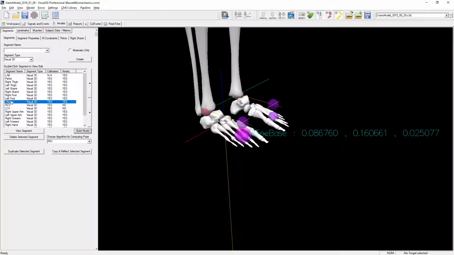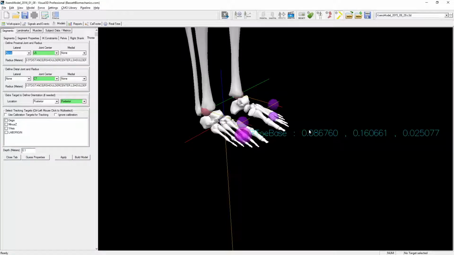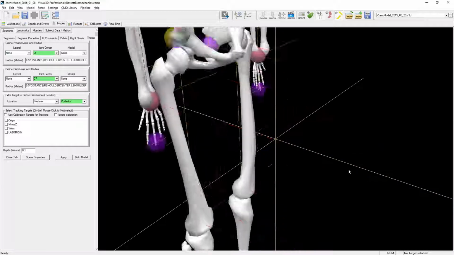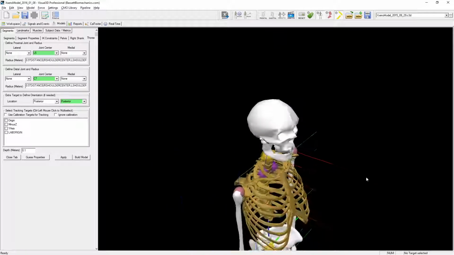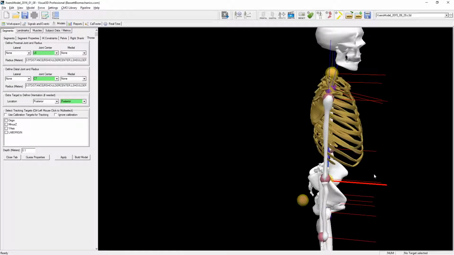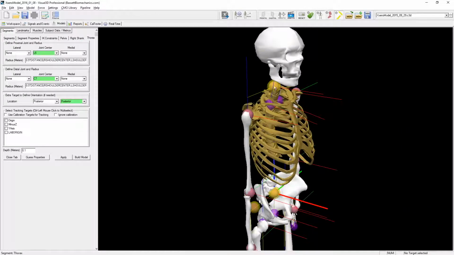Now, if you were to look at the thorax segment, you can see it's defined from the L5 to the C7.